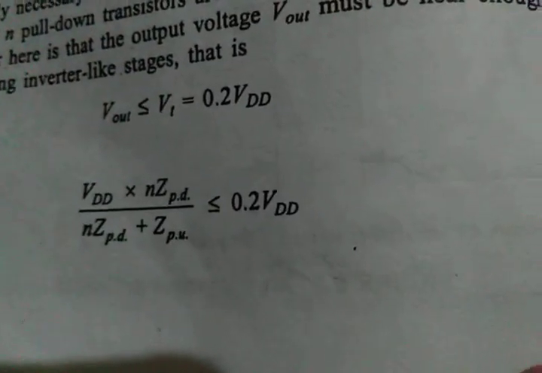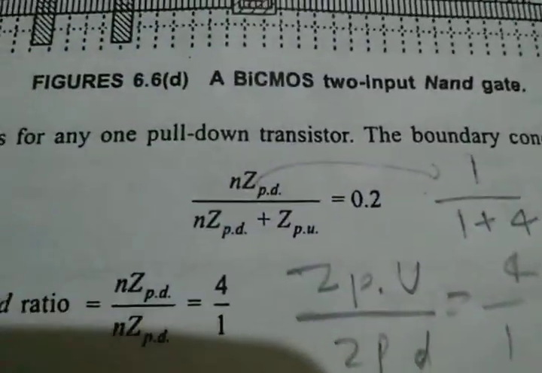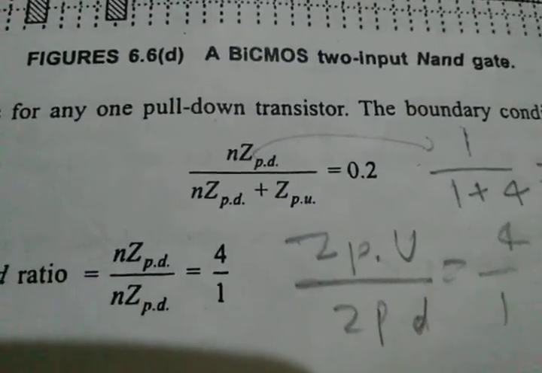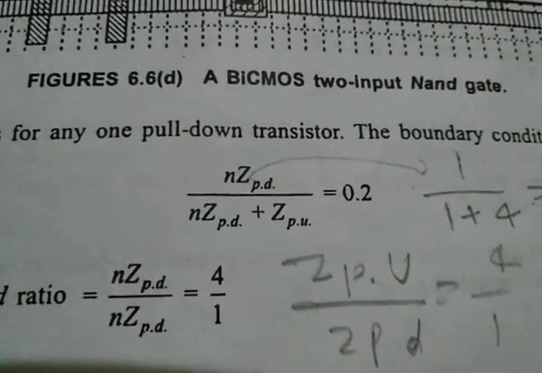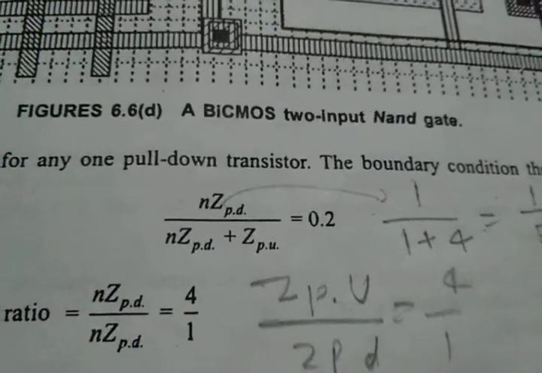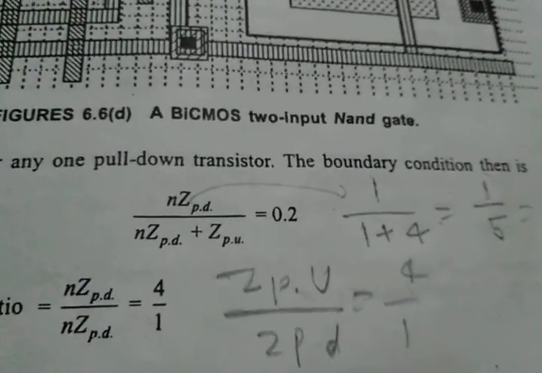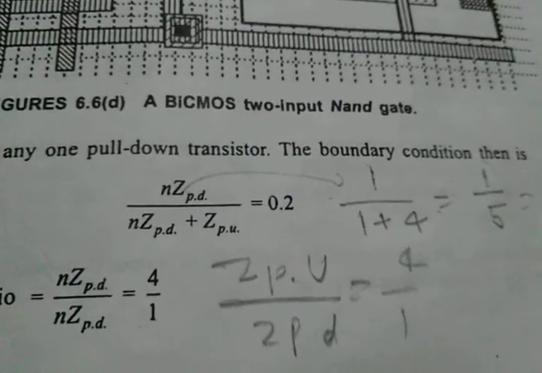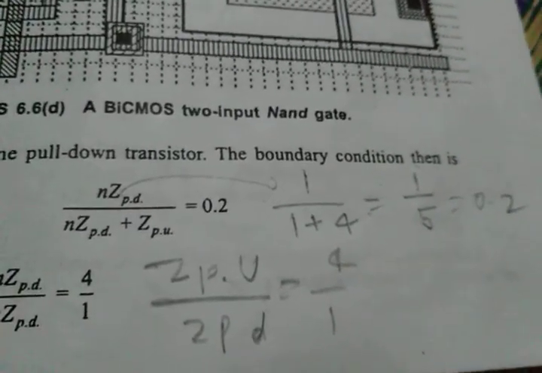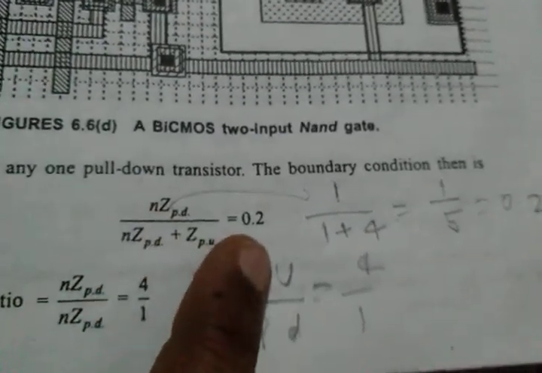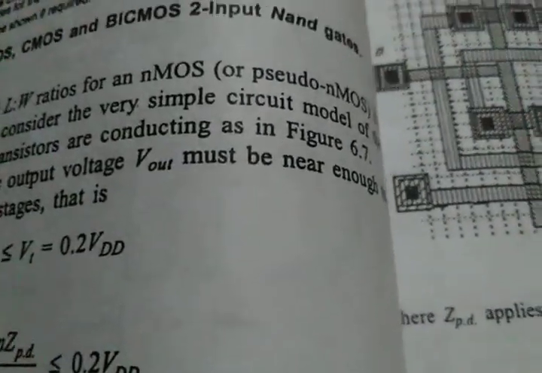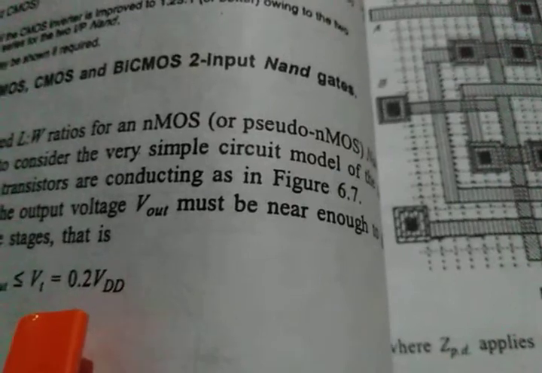If you simplify this, VDD gets cancelled, so finally you get N of ZPD divided by N of ZPD plus ZPU is equal to 0.2. Here I consider N of ZPD as 1 divided by 1 plus 4, that is equal to 1 by 5. So I got 0.2. This is the 0.2 VDD.